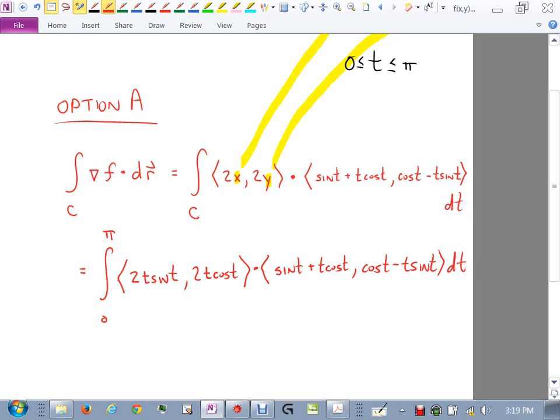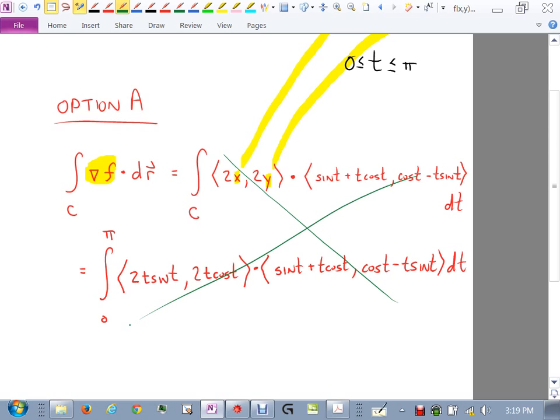I mean, this is not a fun thing to have to look at, right? I've got to dot that, and then I have to integrate it, don't I? I've totally overlooked the fundamental theorem of calculus, right? Or fundamental theorem of line integrals. Fundamental theorem of line integrals says that if you've got the gradient of f there and you're dotting it with dr, you don't have to do any of this work, okay?